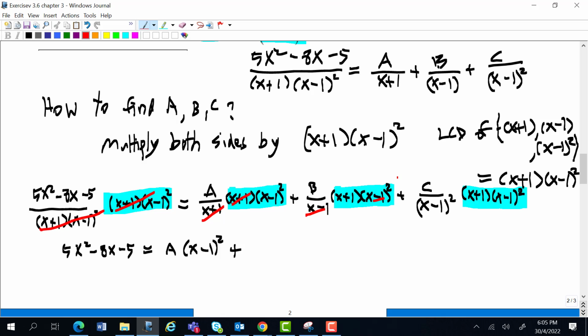So you are left with b times a copy of x plus 1 times x minus 1, because only one copy of x minus 1 cancels, right? Because this is x minus 1 squared. So you are left with x minus 1. And then plus c, and then the copy of x minus 1 squared cancels. You are left with c times x plus 1.